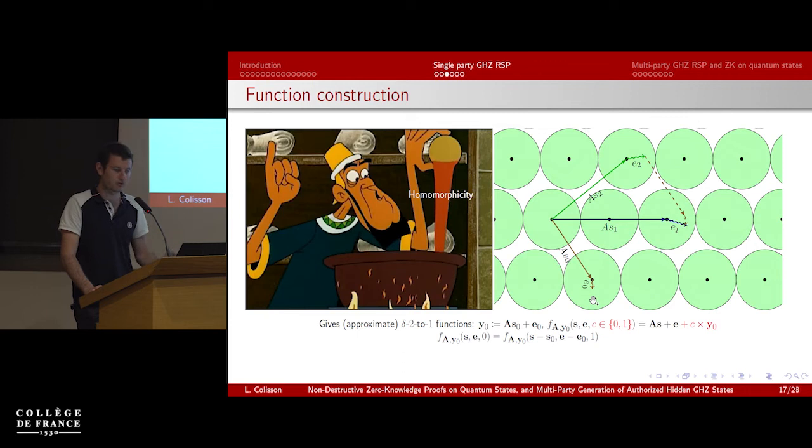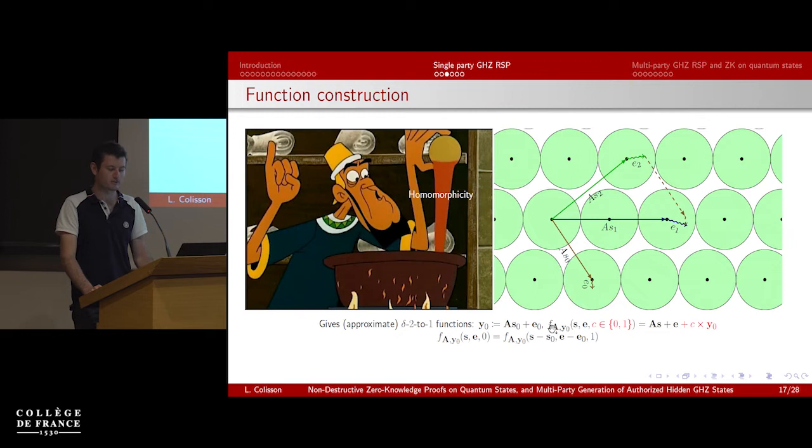We first sample a fixed vector, which will be part of the description of our function. Then for any S and E, first you compute AS plus E, which gives you one point. And to get the other preimage, you also compute AS plus E and add this fixed vector.